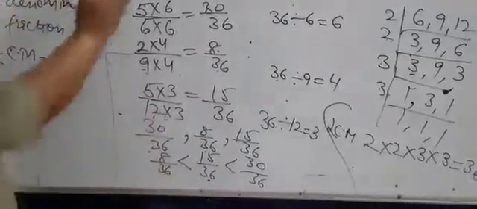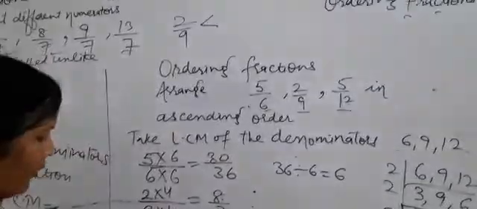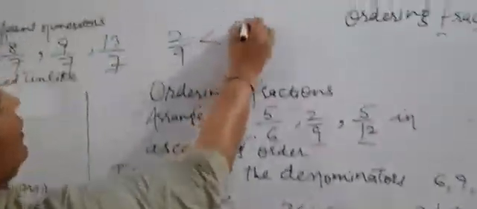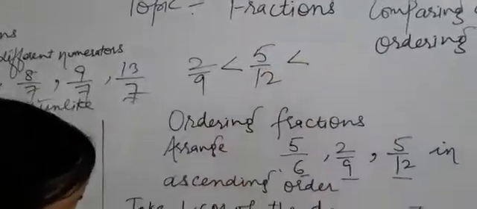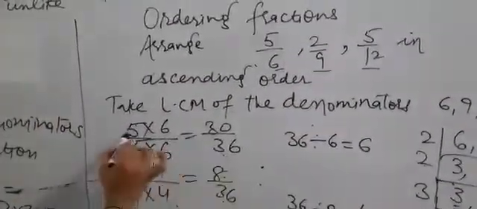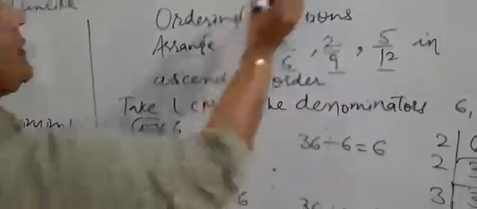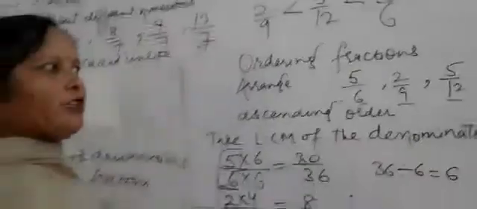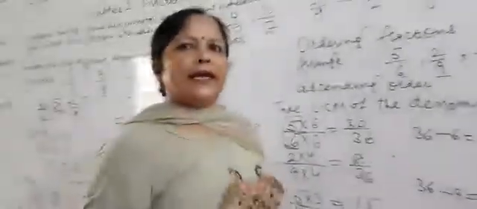What will you write then? 2 upon 9 less than, what was 15 upon 36 actually? This was 5 upon 12. 5 upon 12 less than the greatest, 30 upon 36. What was 30 upon 36? Actually it was 5 upon 6. In this way, you will arrange the fractions in ascending order by taking LCM.